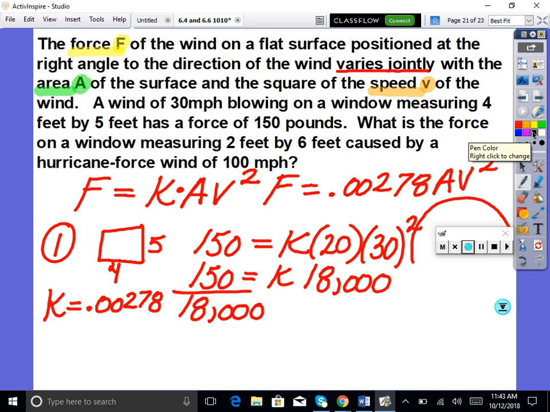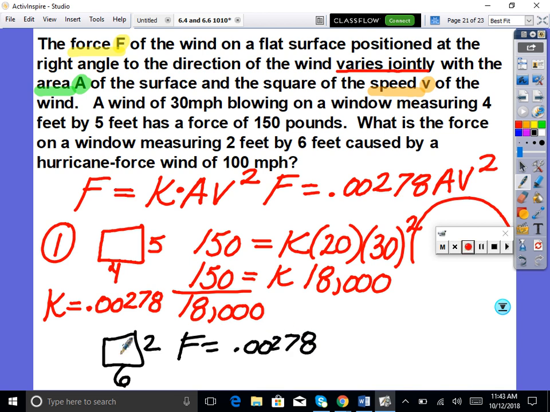It says, what's the force on a window that's measuring 2 by 6 that's caused by a hurricane force wind of 100 miles an hour? So force is equal to 0.00278. Our area for this one is?